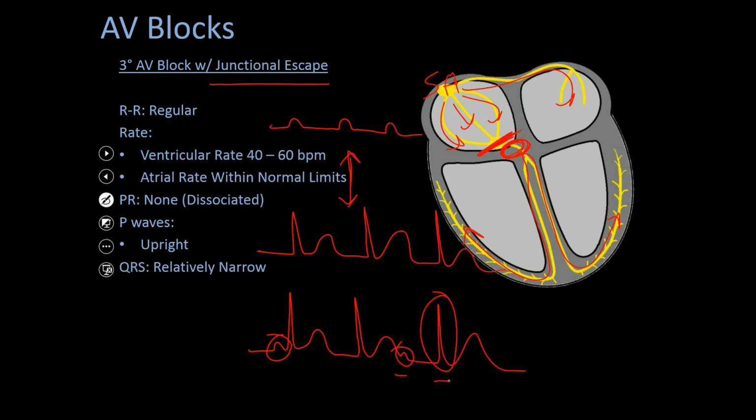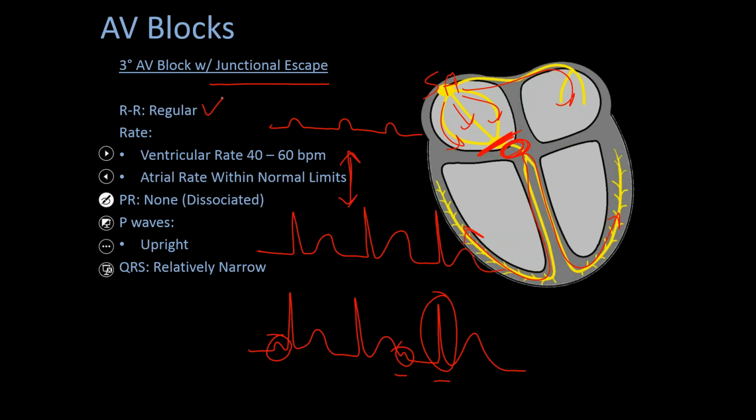So characteristics of third degree AV block with a junctional escape rhythm. R to Rs are going to be regular. That's really important to identify, that the R to Rs are very, very regular in third degree AV block because they're not being influenced by anything.